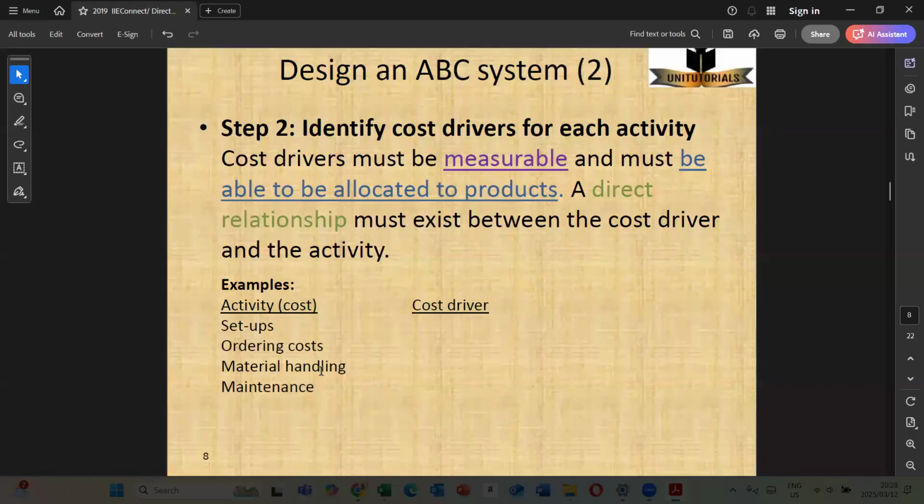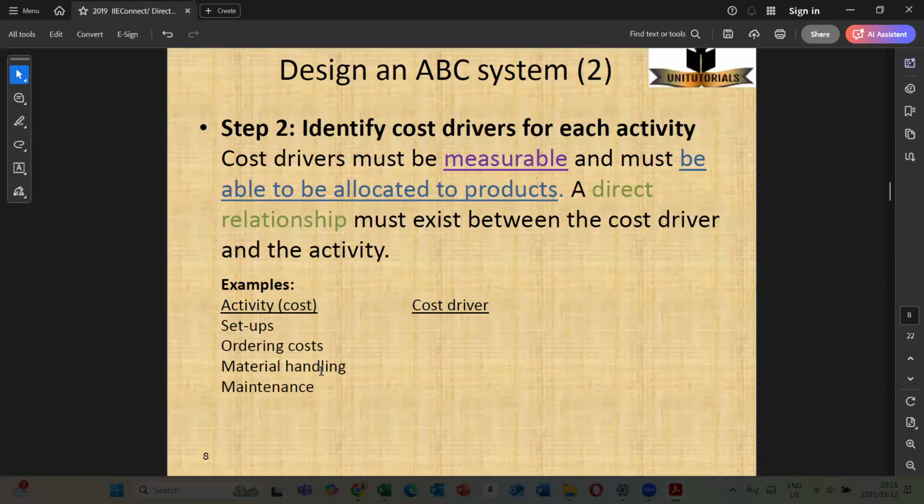And then material handling. What can drive a material handling cost? What can we use as a driver for material handling? Anyone, guys? Yes, sir. Insurance cost?